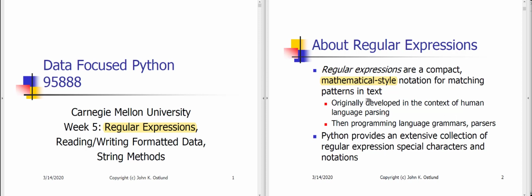It was developed to talk about human languages by linguists, but in the 1950s and 60s, stolen by people developing programming language compilers, language grammars, parsers, lexical analyzers, and that sort of thing, to help create these programs to do interpretation and compilation of programming languages.